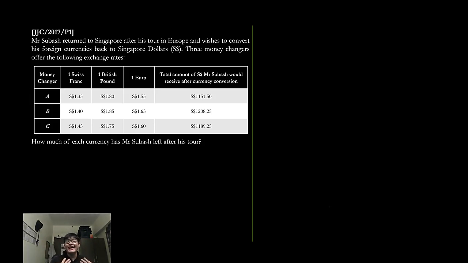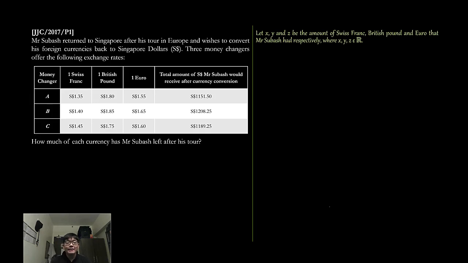The unknown in this question is the currency, correct? Because the unknown is a currency, we define the currency itself. So let x, y, z be the amount of Swiss franc, British pound, and euro that Mr. Subesh had, respectively, where x, y, z are real values.